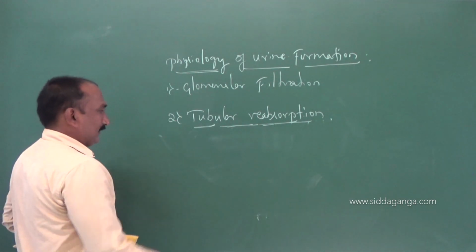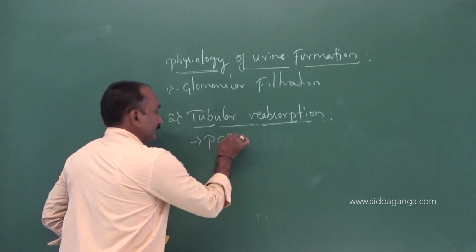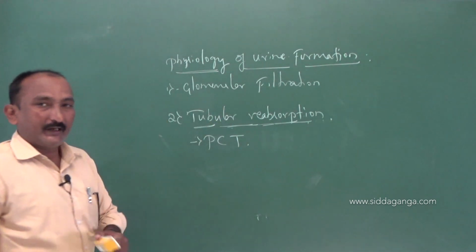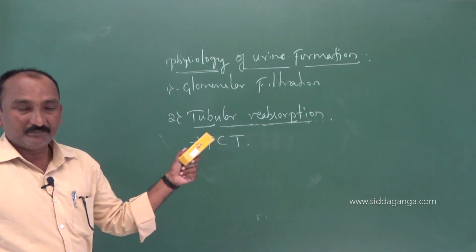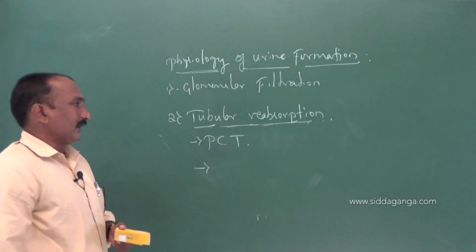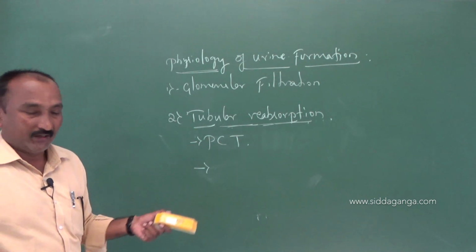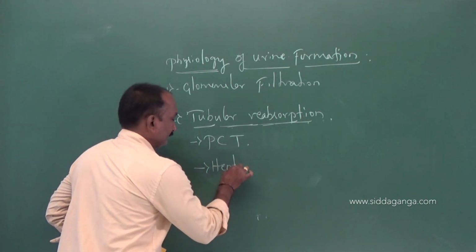The various parts of the nephron are the proximal convoluted tubule, in short PCT. Similarly, another part involved in tubular reabsorption is particularly Henle's loop.